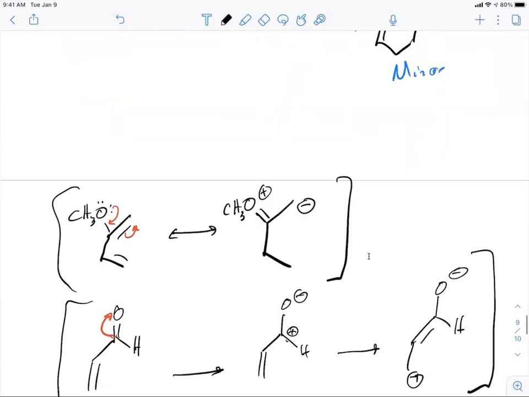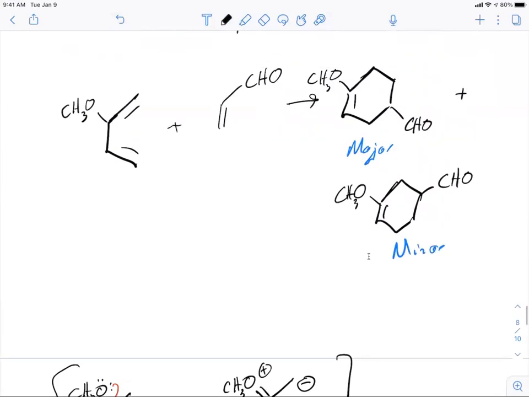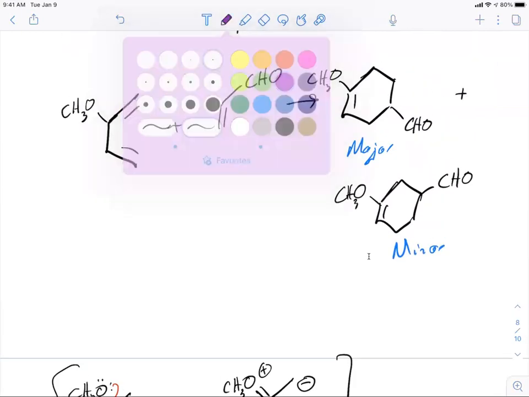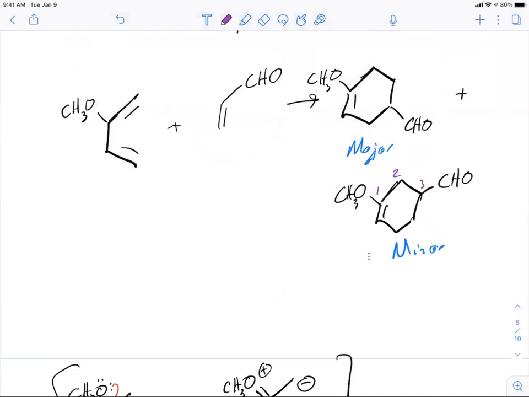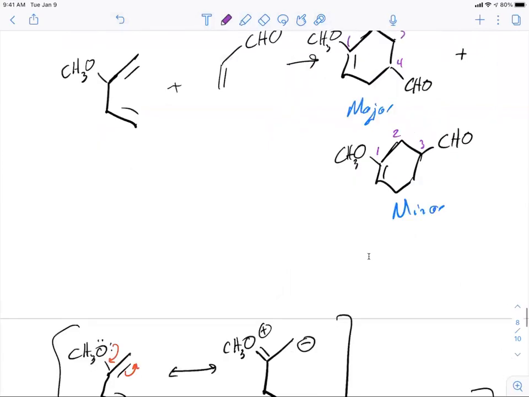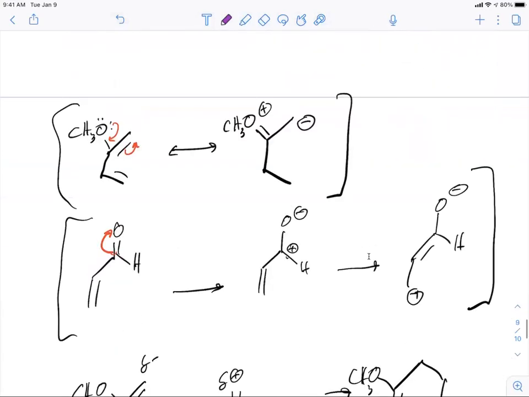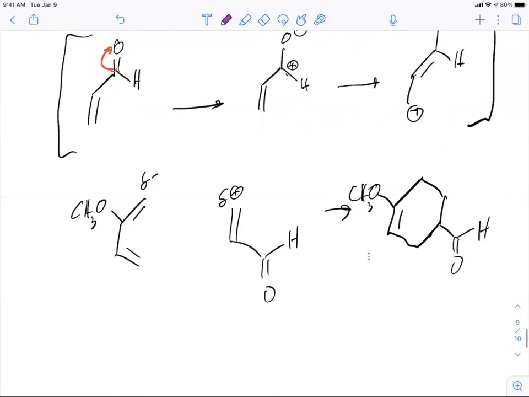So one way to look at this is that here we could look at this one as a 1, 2, 3, and this one as a 1, 2, 3, 4. The reason for that is these resonance contributors and our partial negative coming to our partial positive, which gives us the major product. Okay, so that's our regional selectivity.